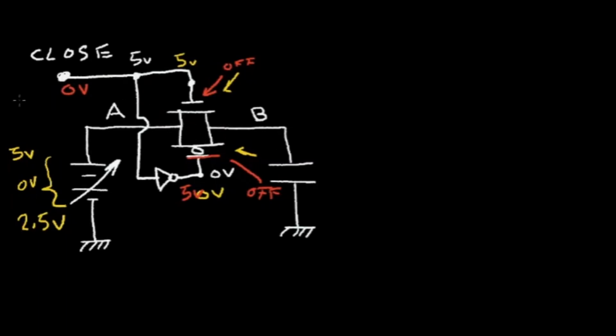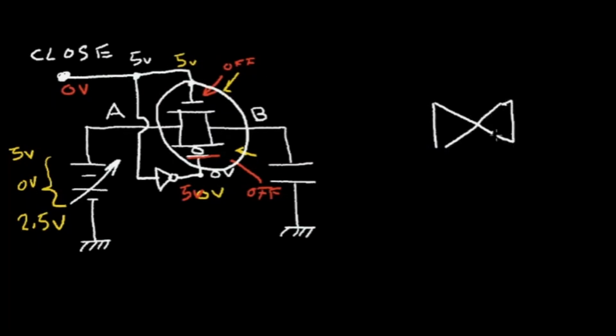So let me mention that a common symbol for these two transistors is this, with a bubble here, a signal here, a signal here.